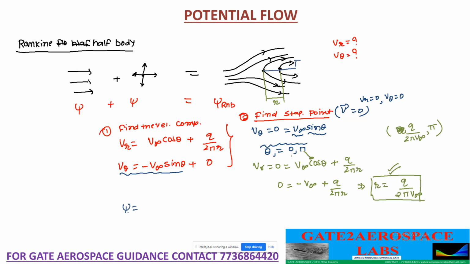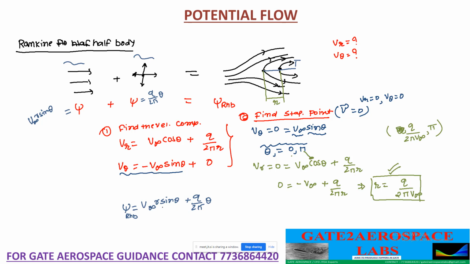The value of the stream function for this Rankine half body is the summation of the stream function for the uniform flow and for this source flow. For uniform flow, psi is given as V infinity r sin theta, and for the source it is given as Q by 2 pi theta. You add these two: V infinity r sin theta plus Q by 2 pi theta.